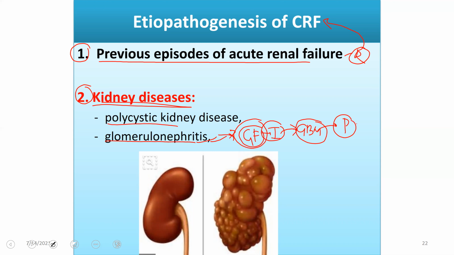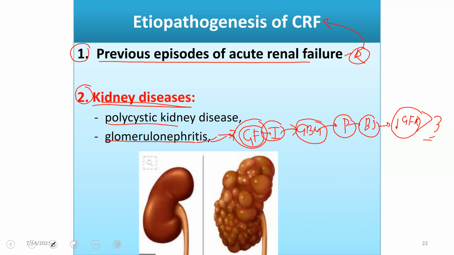This increased proliferation will occupy the Bowman space, and because of this, there will be a decrease in the GFR, and if this decrease in GFR persists for more than 3 months, then that condition will result in chronic renal failure.